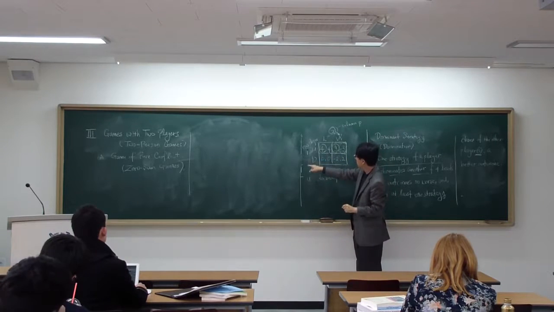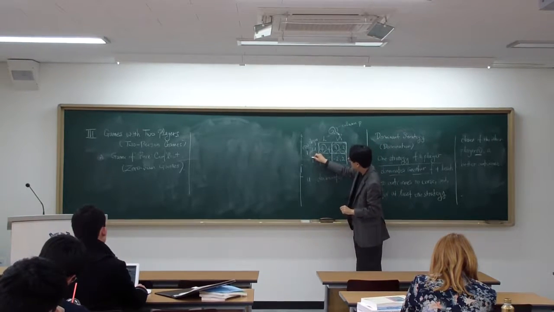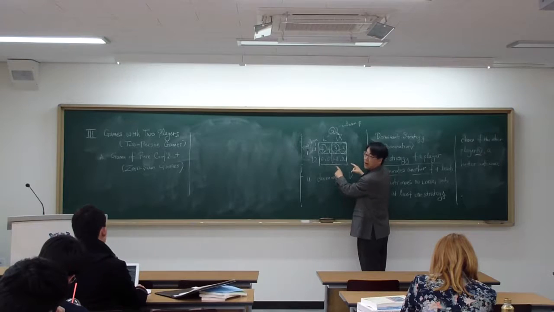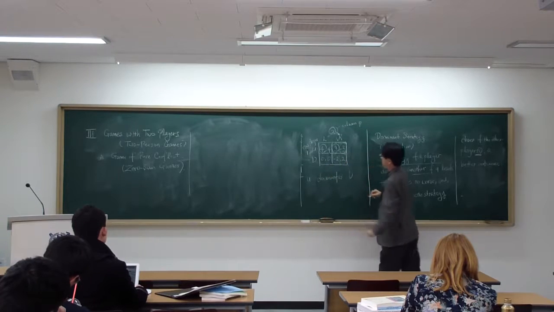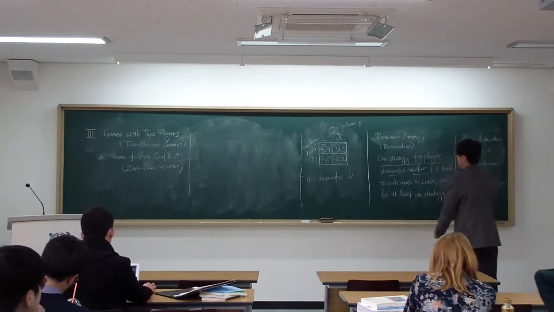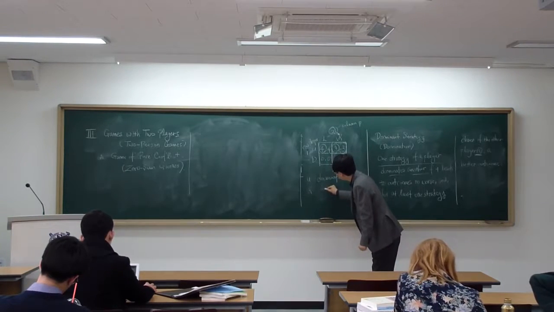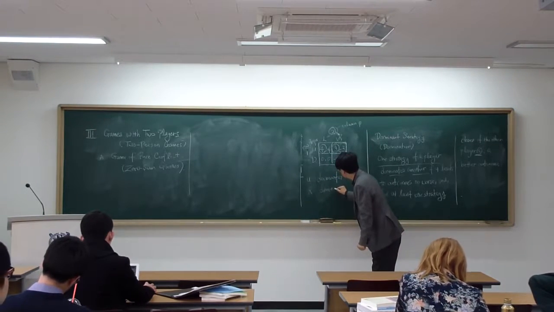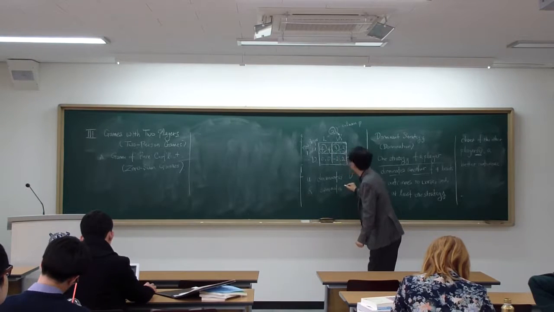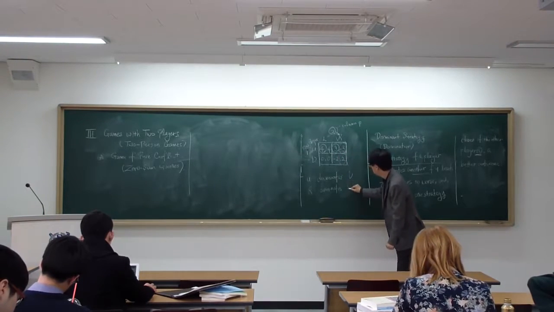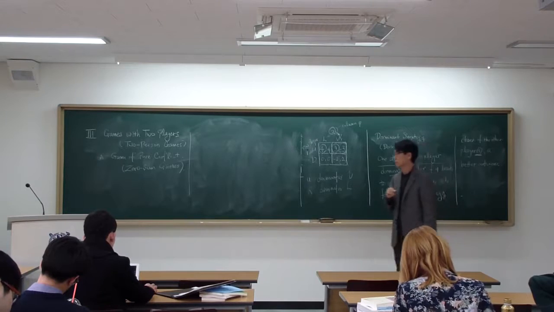If my opponent chooses down, then I'm better off by choosing right. 2 is better than 0. So yes, right dominates left.